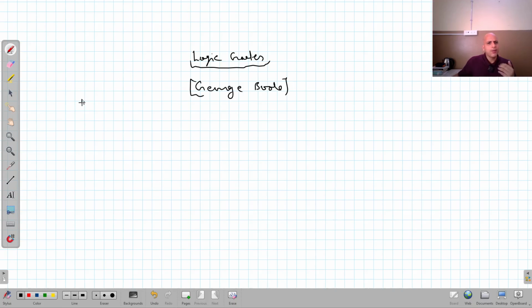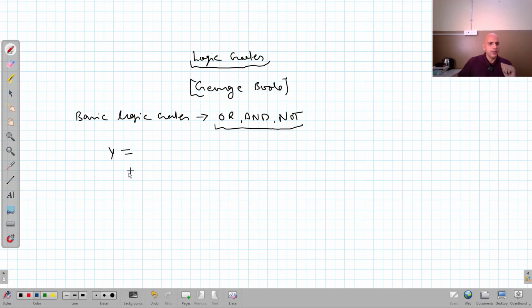So we have some basic logic gates. These basic logic gates are OR, AND, and NOT. These three gates are the basic logic gates, right? Now you have studied them in detail. OR means output Y is equal to, if we are considering two inputs, then Y is equal to A plus B. Here plus is according to the Boolean logic.